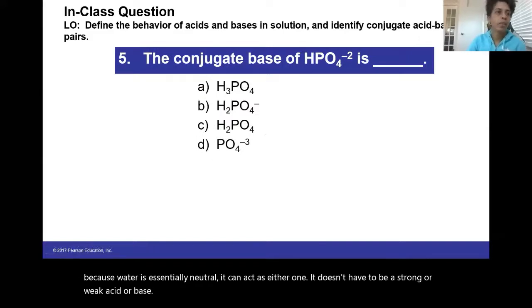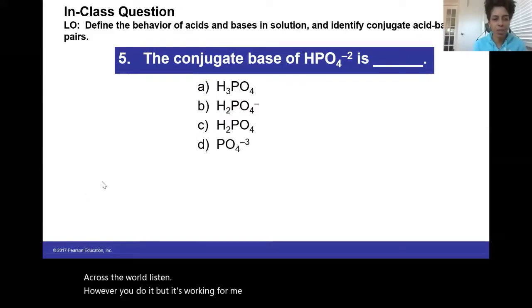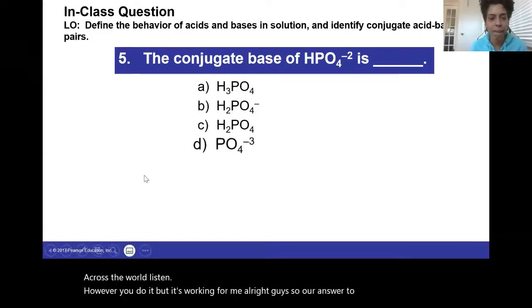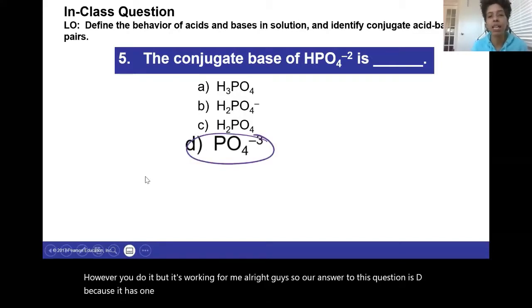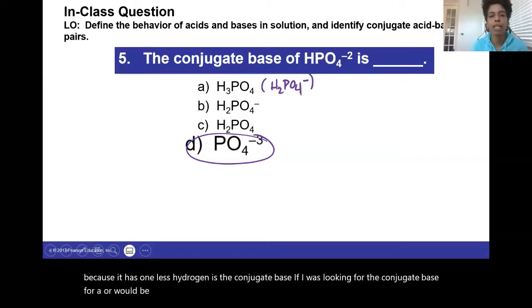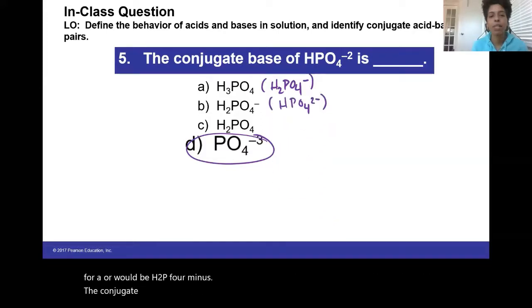All right, next question. Our answer to this question is D, because it has one less hydrogen. It is the conjugate base. If I was looking for the conjugate base for A, it would be H2PO4 minus. The conjugate base for B would be HPO4 2 minus.